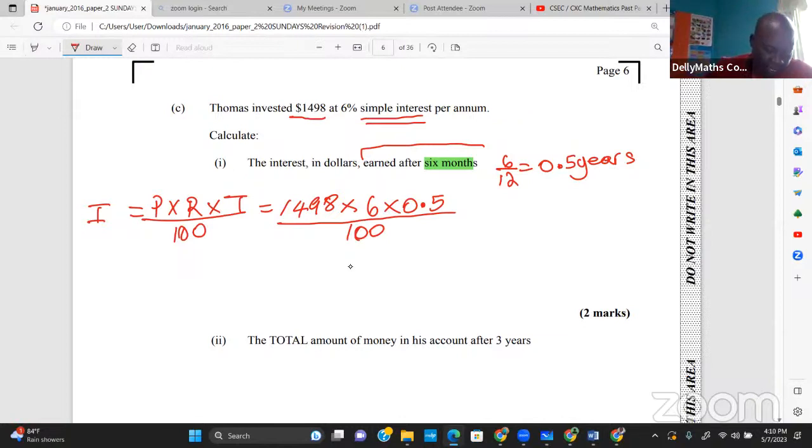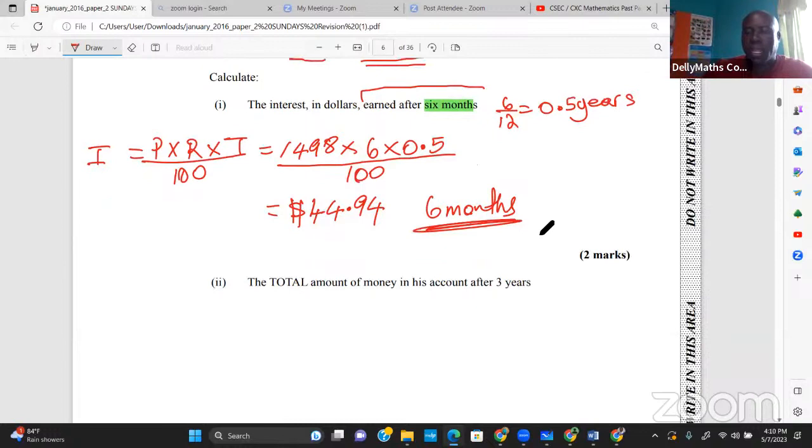Use your calculator and make sure that you're making no errors. I'm getting that the interest for half of a year is $44.94. And this is for 6 months. We want to make sure that we understand the context, just for 6 months, not even a year.